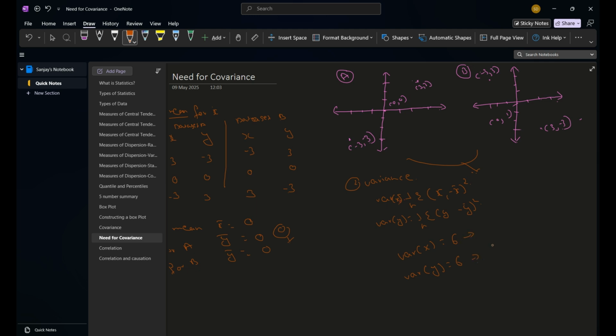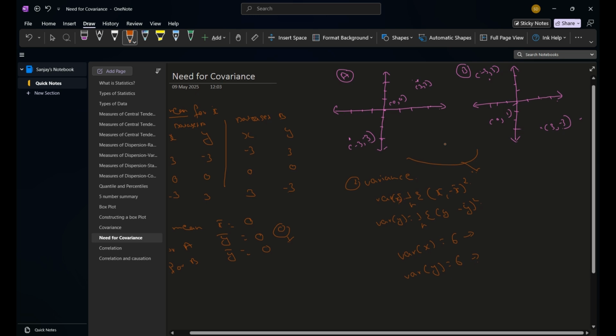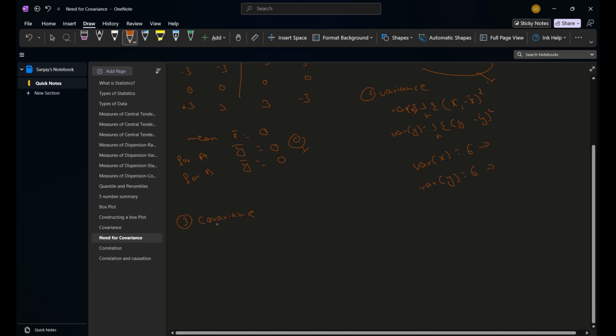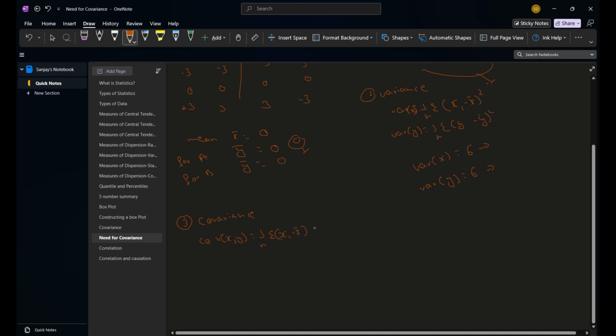But when we calculate the covariance of both the data sets, we will get a clear picture of why there is a need for covariance. So let's calculate the covariance here. The formula of covariance, which I showed earlier, is covariance of x and y equals 1 by n, where n is the number of data points, then summation of (xi minus x bar) times (yi minus y bar).